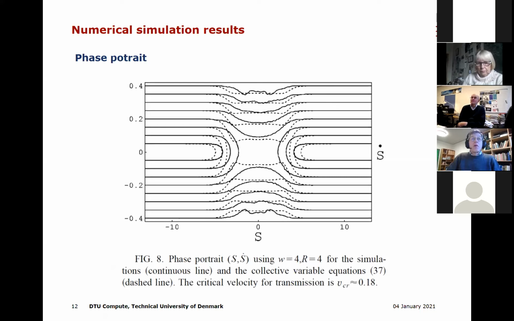Actually, the critical point Euler was calculating was 0.19, and the full numerical simulation said it was between 0.18 and 0.19. I think that was pretty close.